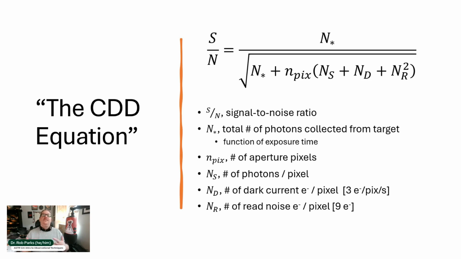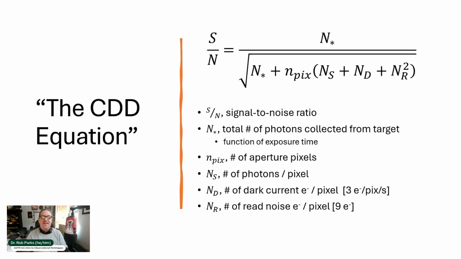And then you get read noise. Read noise is the random fluctuations within the pixel as it's being downloaded and read by the converter effectively. And in this case, for our camera, it's 9 electrons. So basically, that's your error bar. That contributes to the error bar.